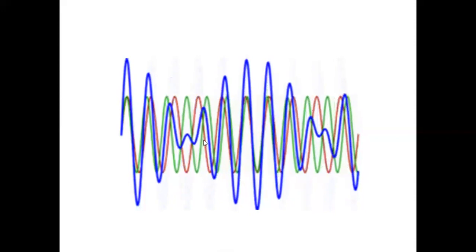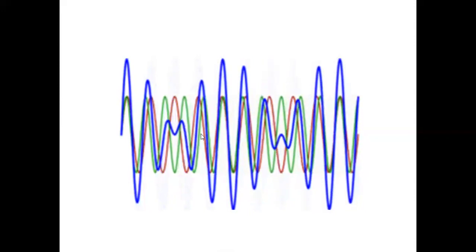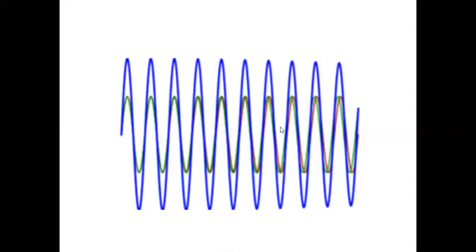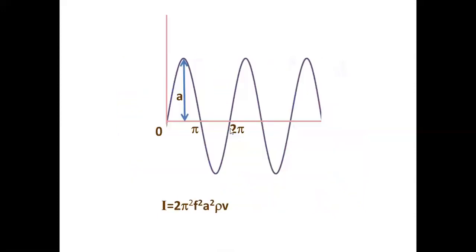When the crest does not fall exactly on trough, but somewhere else, amplitude will be less. That means the intensity of the resultant wave keeps on changing because of the amplitude. If it is a light wave, the intensity of the light changes. If it is a sound wave, the intensity of the sound changes. So amplitude controls the full intensity.